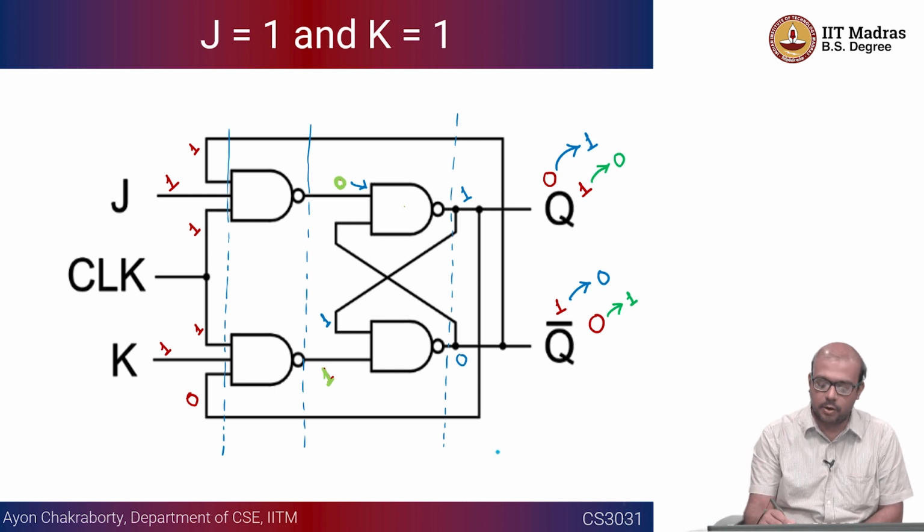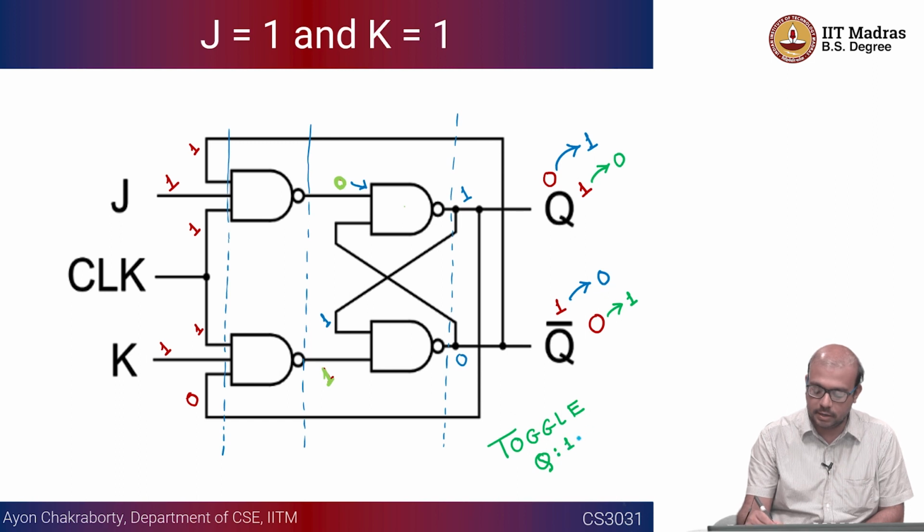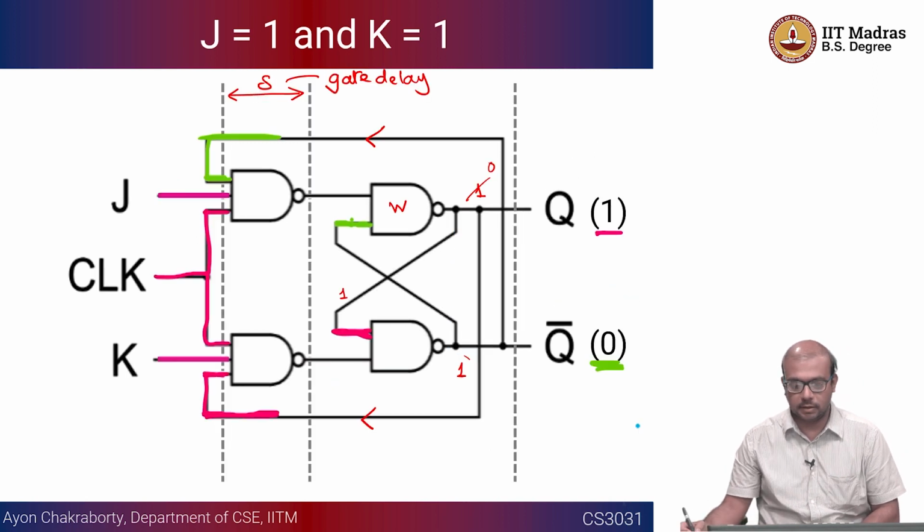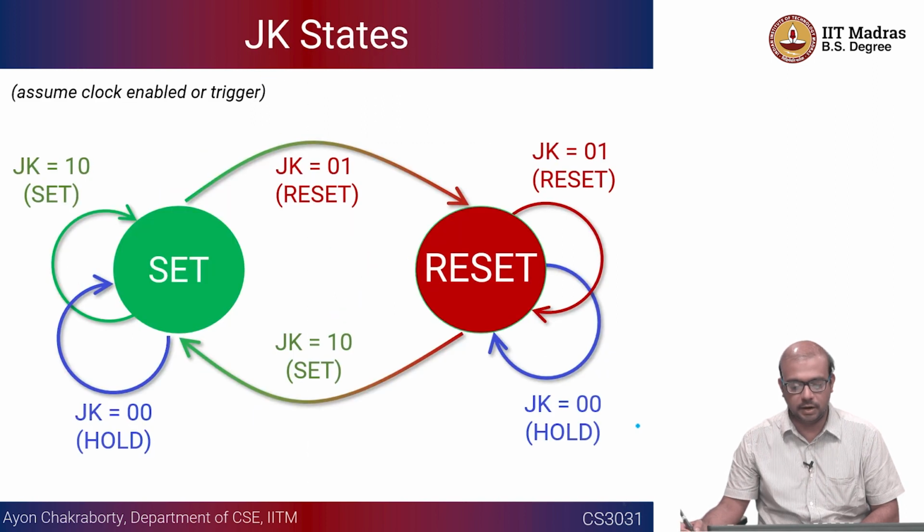So this is called a toggle. Okay, so if Q is equal to 1, this is going to be switched to 0. If it is 0, it is going to be switched to 1. Okay, same demonstration we kind of already covered.